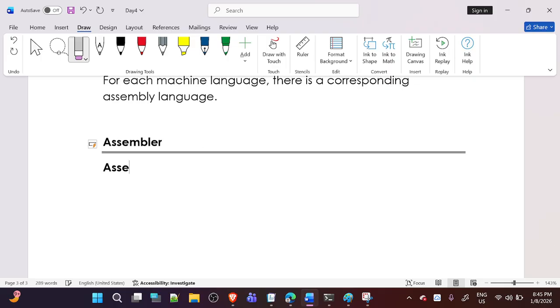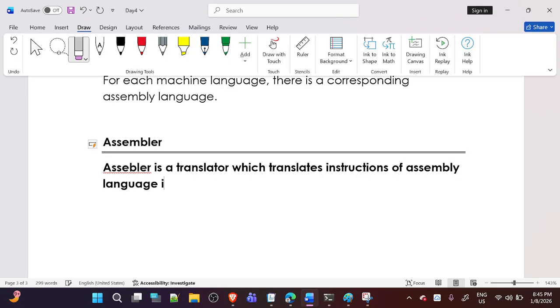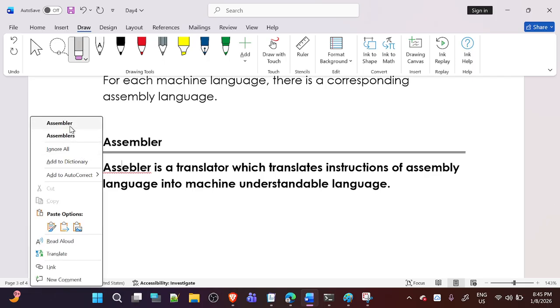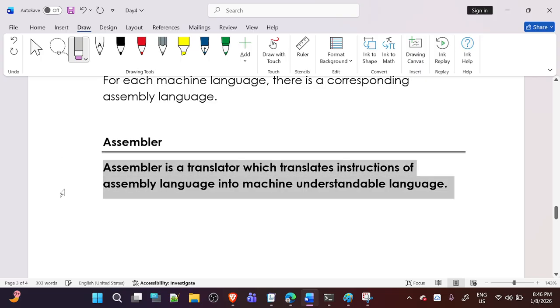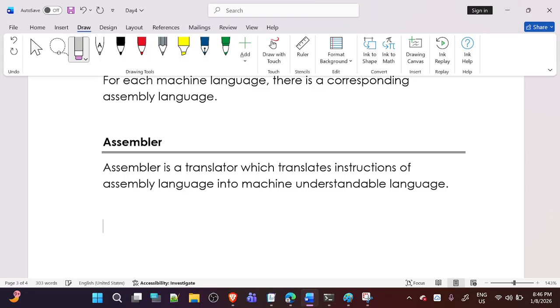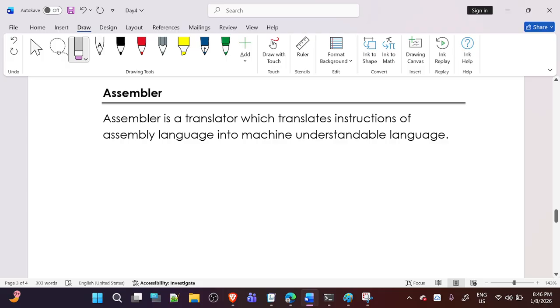We can say assembler is a translator which translates instructions of assembly language into machine understandable language.